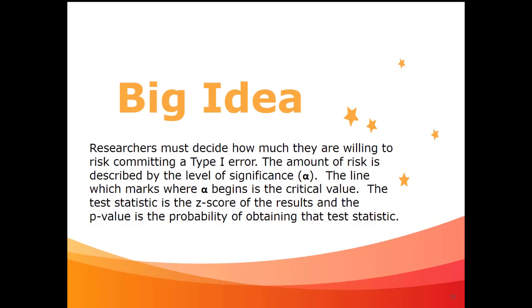The line which marks where the level of significance alpha begins is called the critical value. If you're working with z-scores, it's called the z-crit. The test statistic is the z-score of the results, and the p-value is the probability of obtaining that test statistic if you were to repeat the experiment.